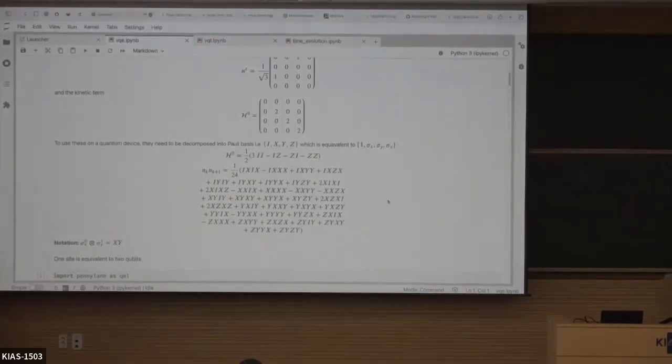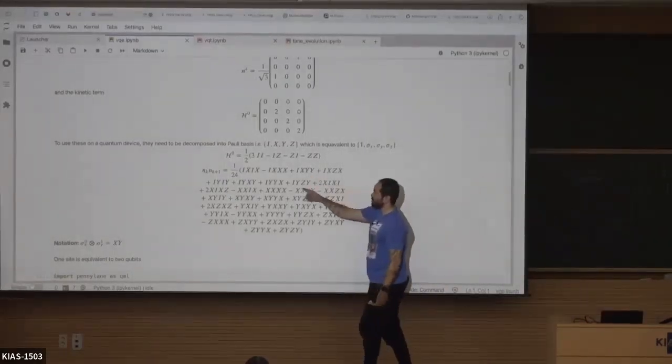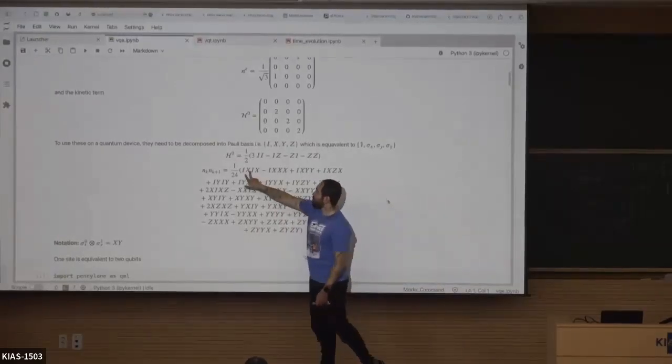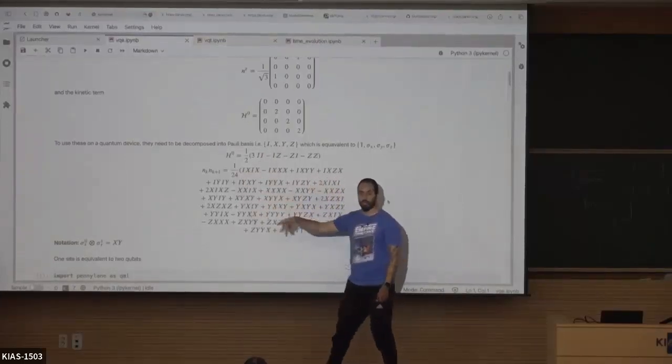Sorry, somebody said something. Can't hear you. No questions? Okay, perfect. So I'm trying to represent my 4x4 matrices in terms of 2-qubit operations. That's why you see 4 terms in each term. This thing is my interaction term. Two operations will go to the first site, and 2 of them will go to the second site.